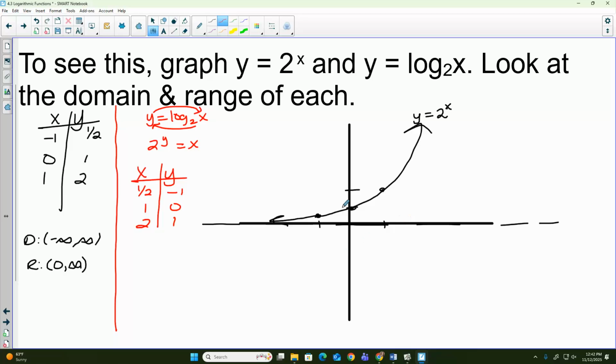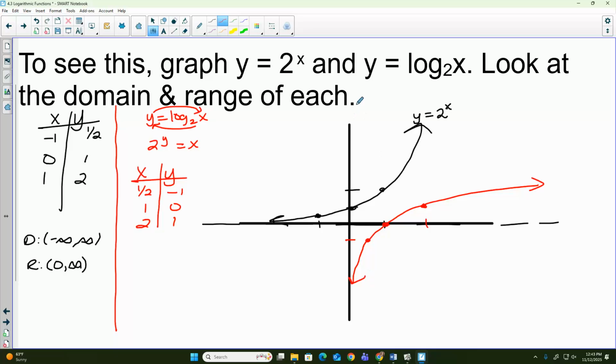So we get (1/2, -1), (1, 0), and (2, 1). What kind of asymptote is this one going to have? It's going to have a vertical. Will you ever get an x value of 0? Will 2 to the power be 0? No.